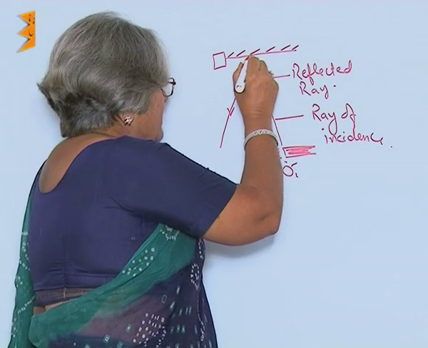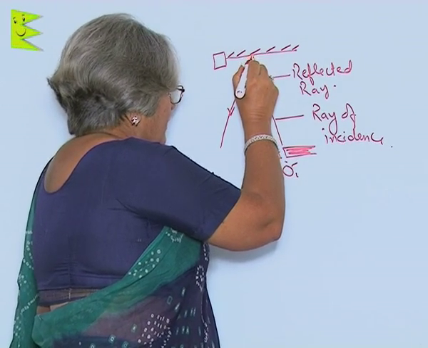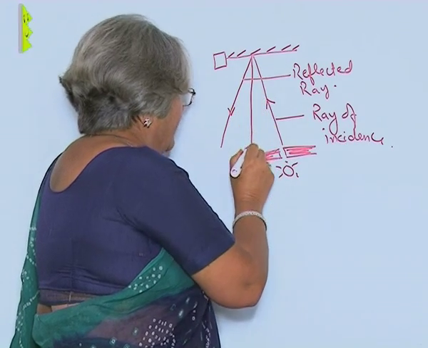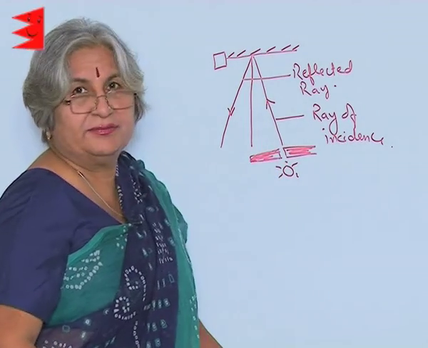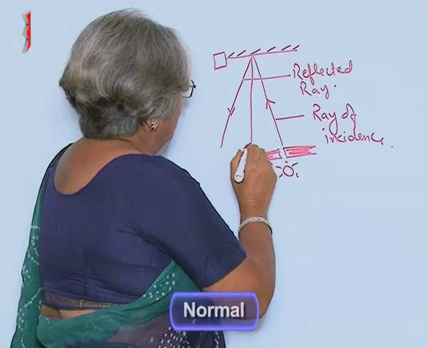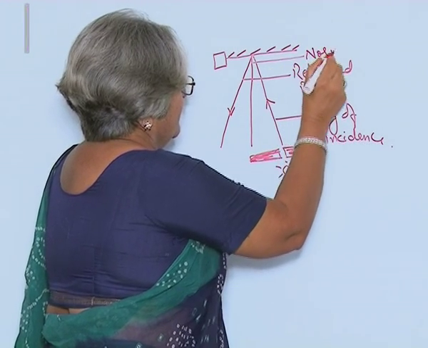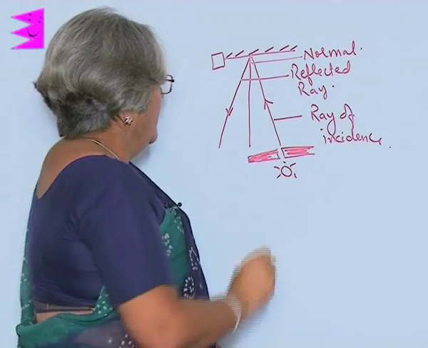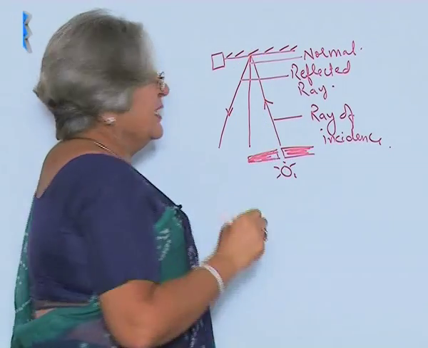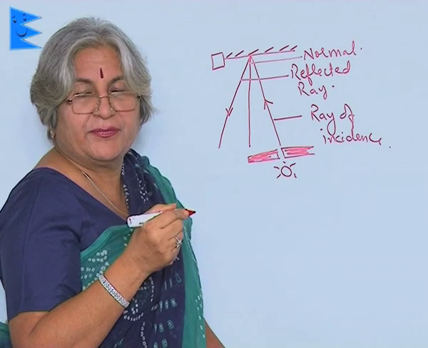Now what you do is draw a straight line perpendicular to the mirror. This is called normal. Now you can do this experiment many times.